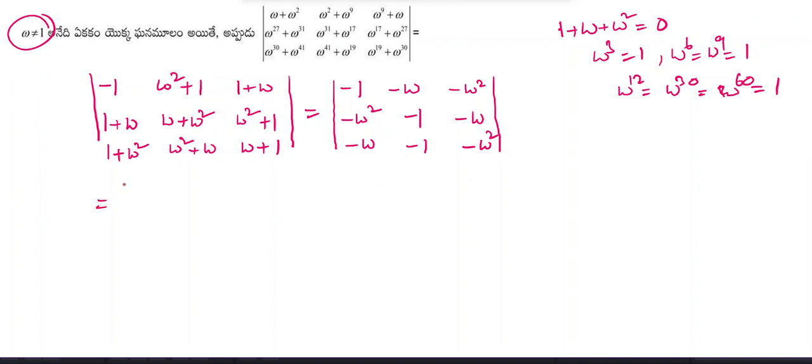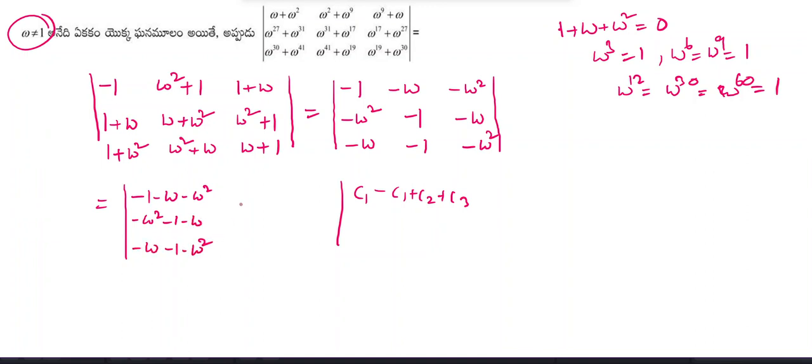Now applying the column property, replacing C1 with C1 plus C2 plus C3: this is minus 1 minus omega square, minus omega square minus 1 minus omega minus 1 minus omega square.